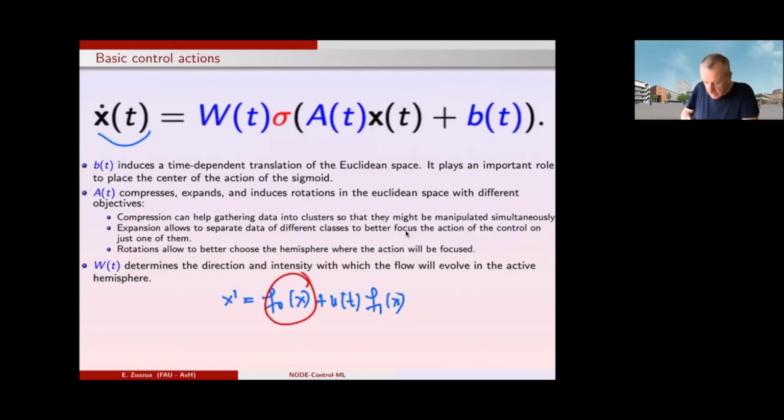So in this case, X is the state and U is the control. We have two possibly nonlinear terms, F0 and F1. What do you think it changes in this control system, the possible presence of this drift term? So which case is somehow easier to control? The case where F0 is equal to 0 or the case where F0 is different from 0? Which one is easier to be handled, in your opinion?